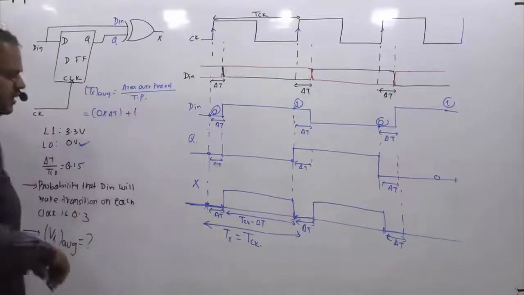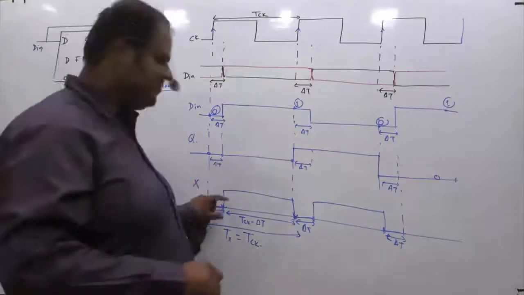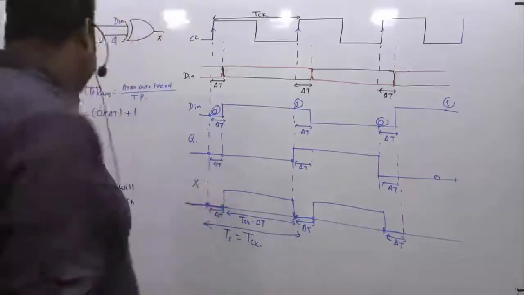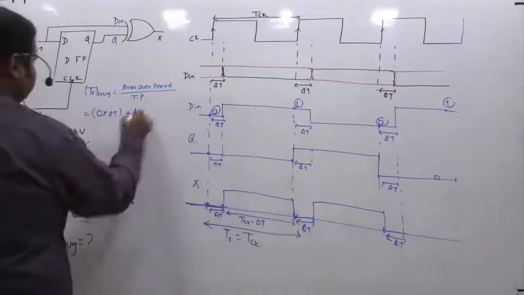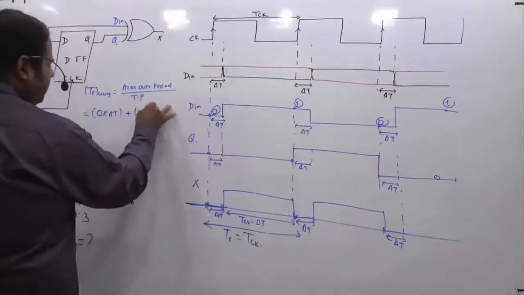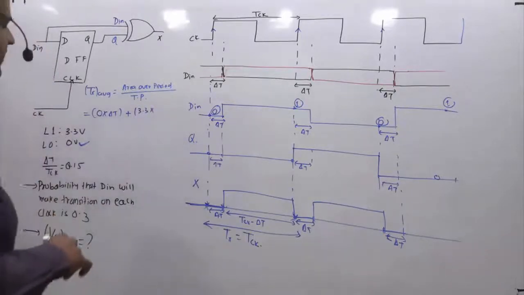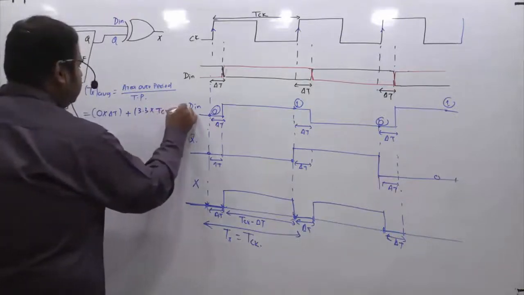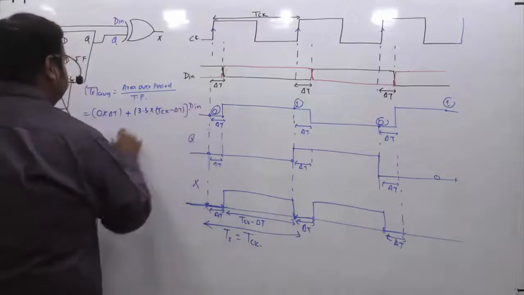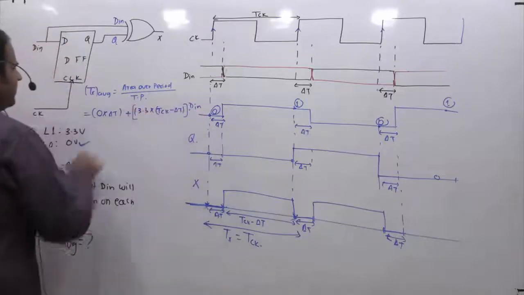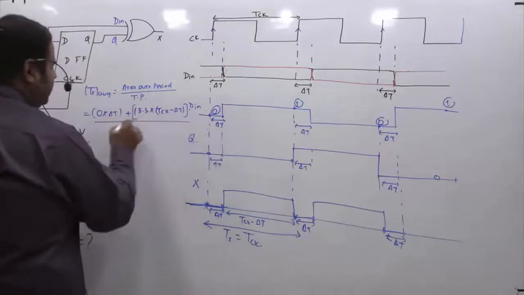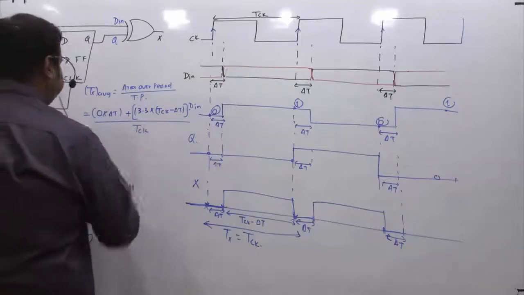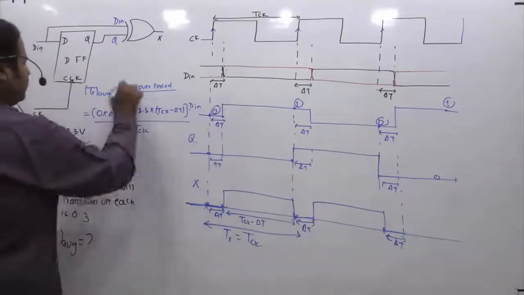Plus, here the height is logic 1, and logic 1 is equivalent to 3.3. So this is 3.3 multiplied by TCK minus delta t, divided by the time period. The time period is TCK. If you simplify, the first term is anyway 0.